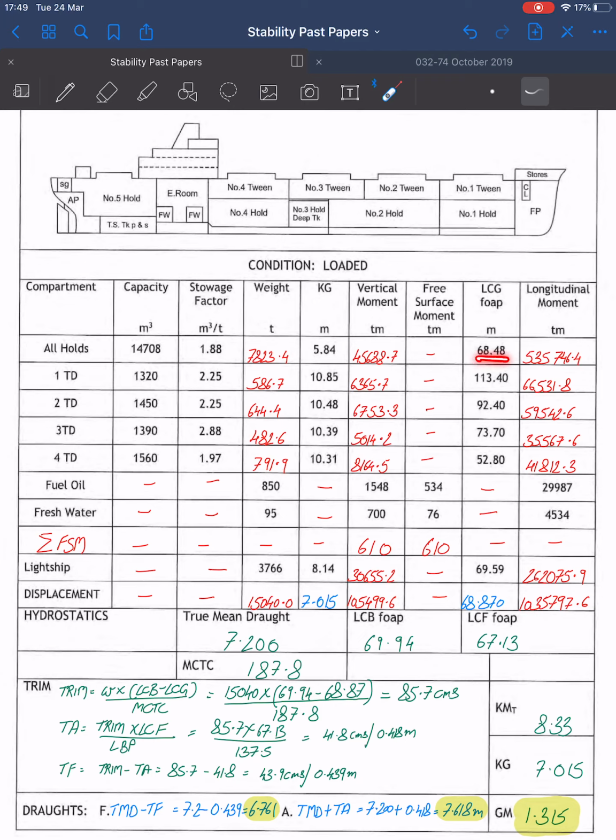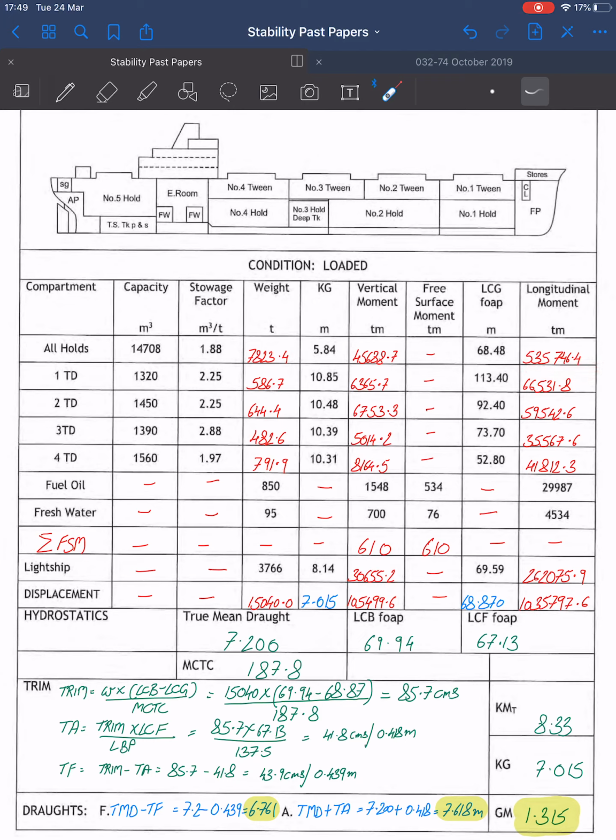The longitudinal center of gravity has been mentioned here. The longitudinal moments are calculated by multiplying weight with longitudinal center of gravity, this way. So we get longitudinal moments.